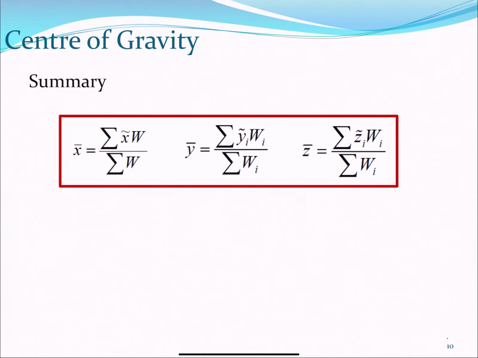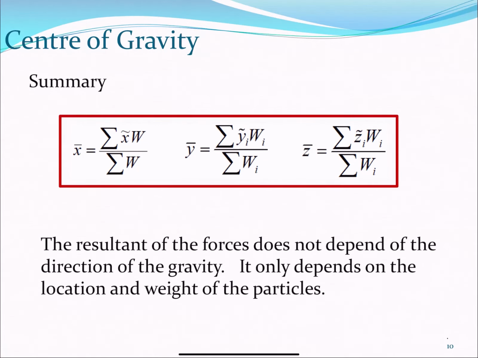Now, as a summary, we have the 3 formulas. Knowing the weight of the particles, we can do a discrete approximation and find the coordinates of the center of gravity. Of course, this is independent of the direction of the gravity.